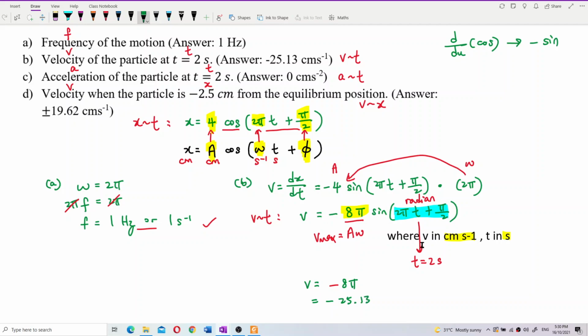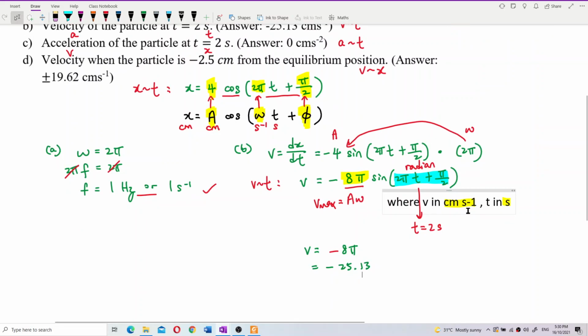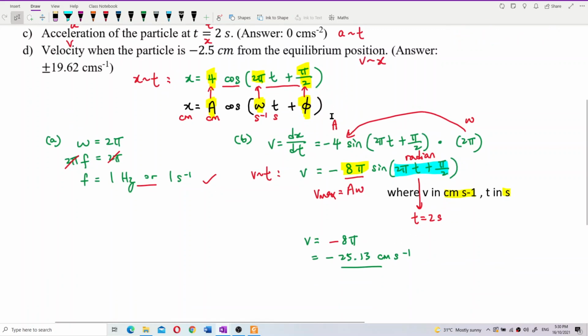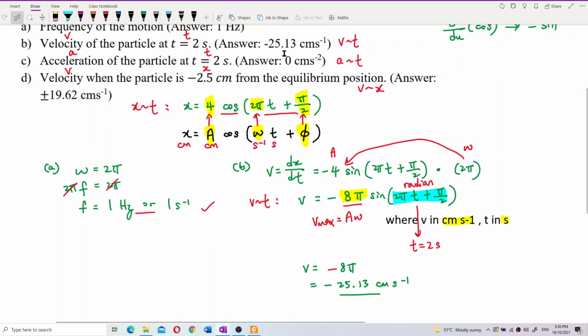What's the unit? Velocity is centimeter per second because it follows the displacement in centimeter. Answer correct? Yes, it is correct. Negative 25.13. Negative means it's moving down.